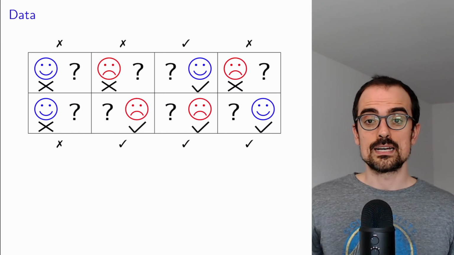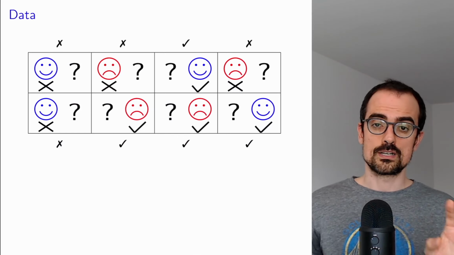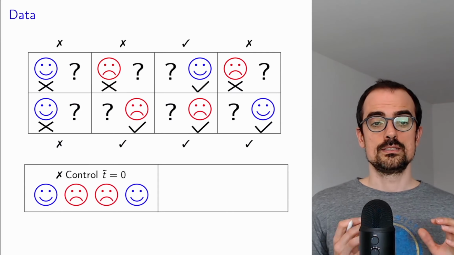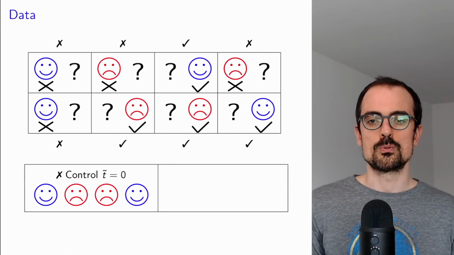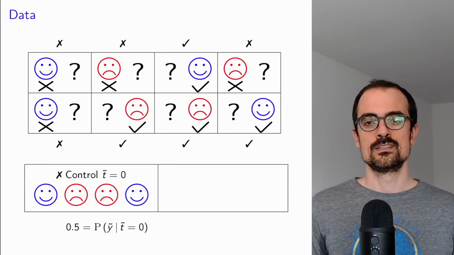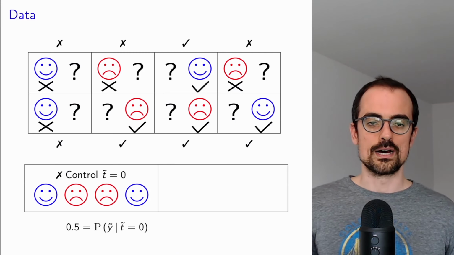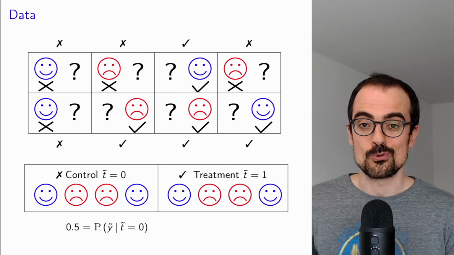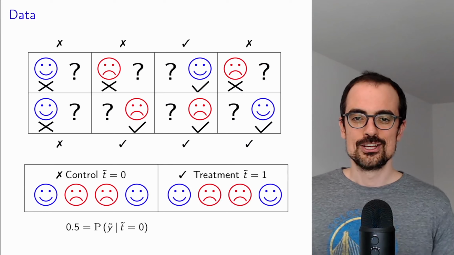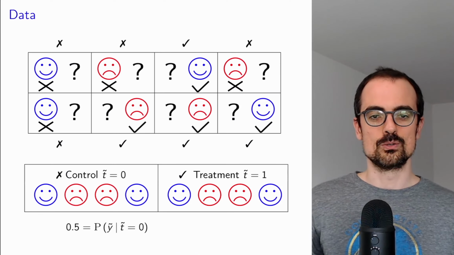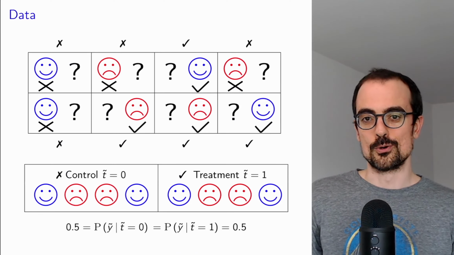And thanks to that, now when we don't observe the other potential outcome, it's not problematic because the control group is representative of the whole population, and hence the observed probability of y being equal to 1 if the treatment is 0 is 0.5, and the treatment group is also representative of the whole population, so the observed probability of y being equal to 1 given that t is equal to 1 is also 0.5.